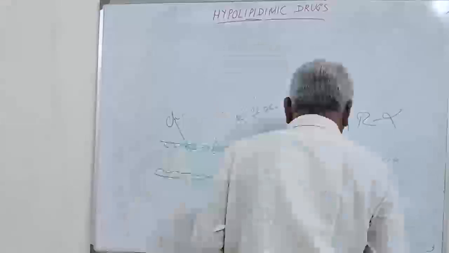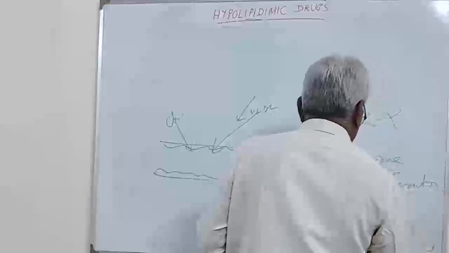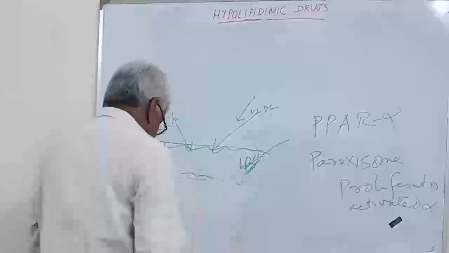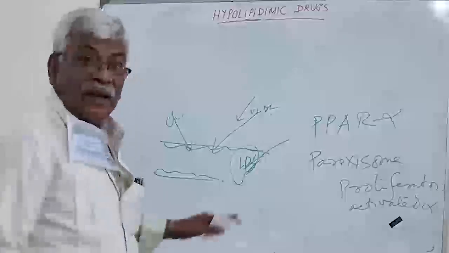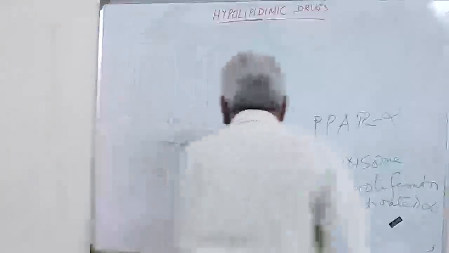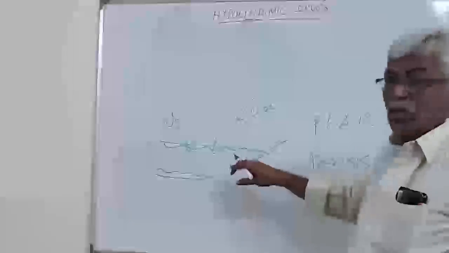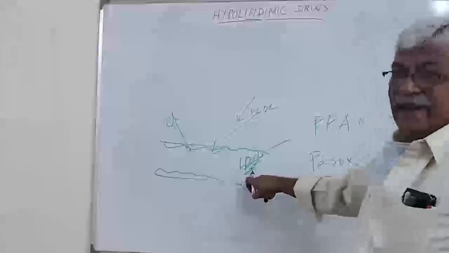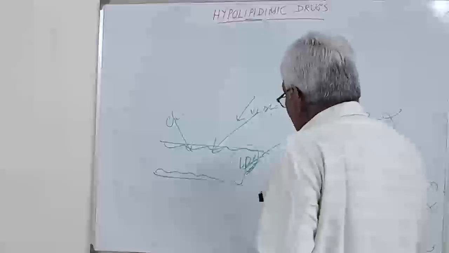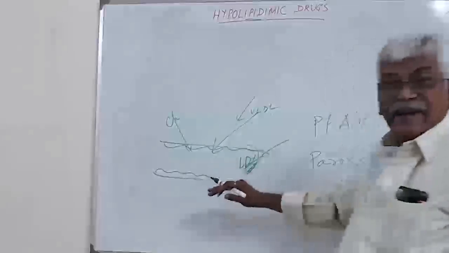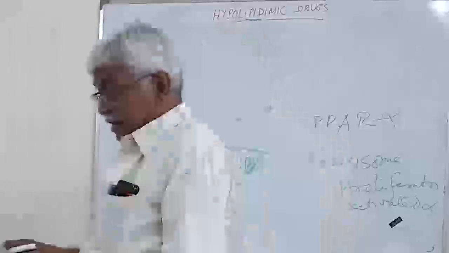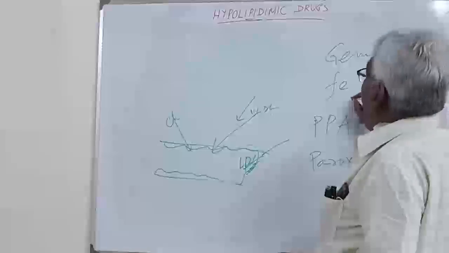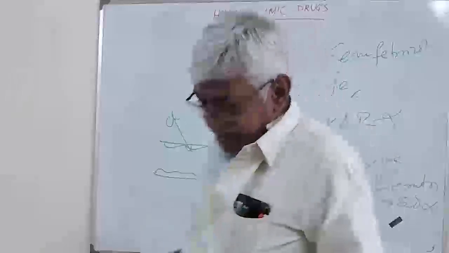It is peroxisome proliferator activated receptor alpha, and its function is to increase lipoprotein lipase activity. It also provides more lipoproteins from the HDL. The drugs are gemfibrozil, fenofibrate, clofibrate. These are all lipoprotein lipase activators.